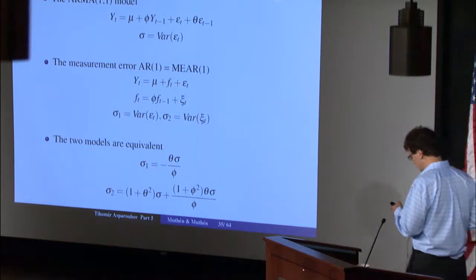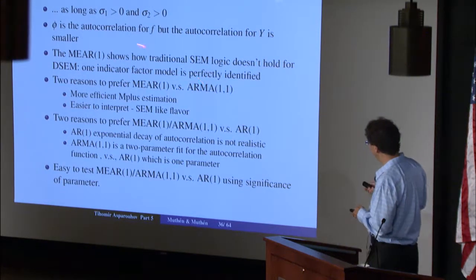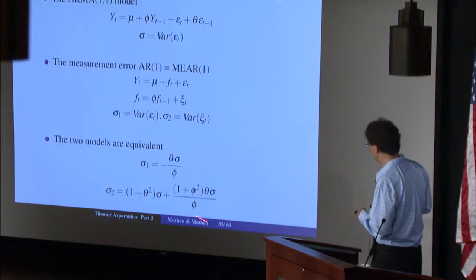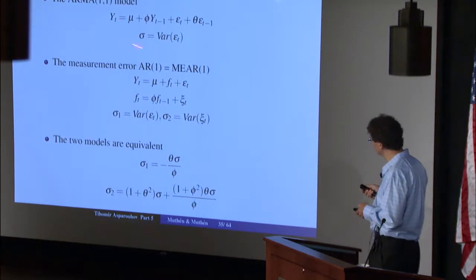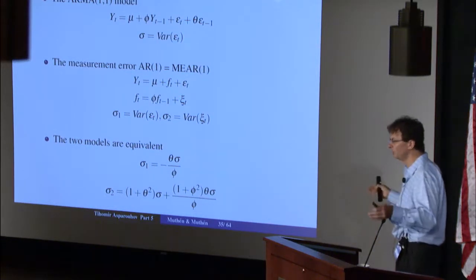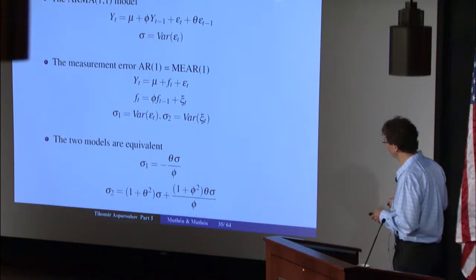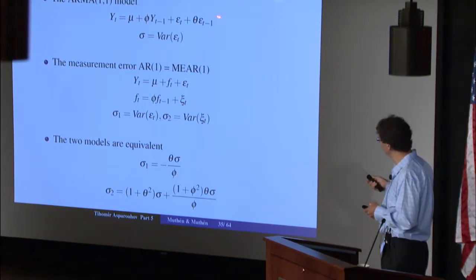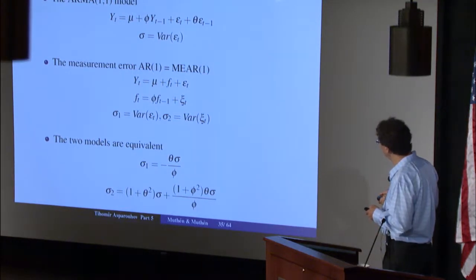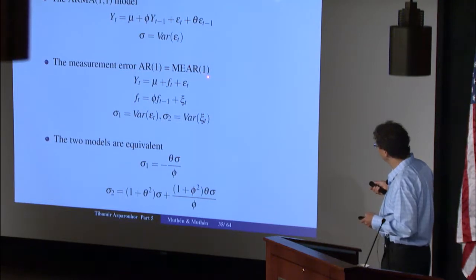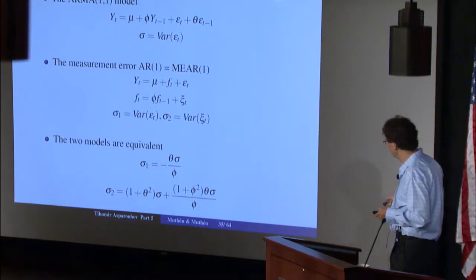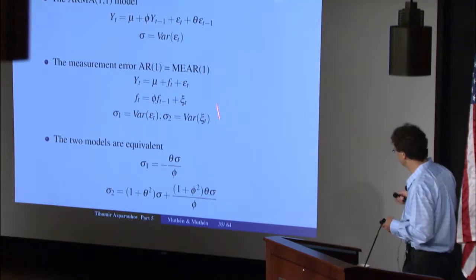You can do that as long as those 2 equations produce positive variances. So it turns out that the parameter space of the ARMA 1-1 model is a little bigger than the parameter space for the MEAR1 model. So it's not a 1-to-1 correspondence. This is slightly bigger. But generally speaking, in the data that we'll be interested in, this correspondence works well.